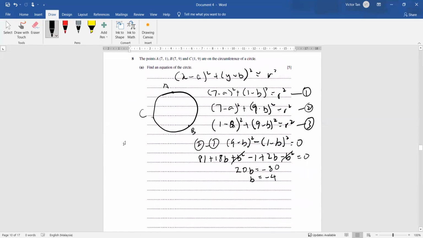Okay. Now if you take equation 2 minus equation 3, you get 7 minus a squared minus 1 minus a squared equals 0. Here you get 49 minus 14a plus a squared minus 1 minus 2a is plus 2a minus a squared equals 0. Again, you can cancel off the a squared. And you get 49 minus 1 is 48.